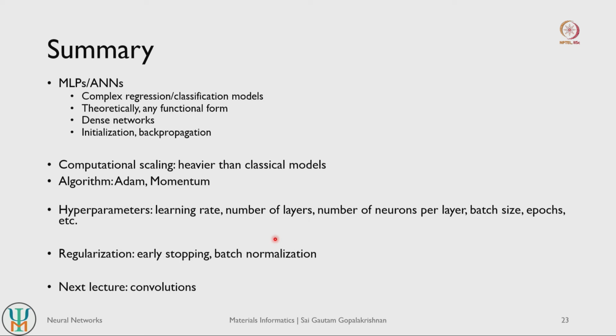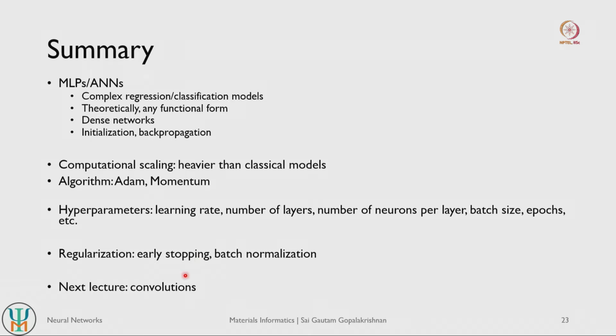We also looked at examples from Keras and PyTorch on constructing artificial neural network models using Python, right. Keras is a much simpler tool, PyTorch is a little more complicated, but PyTorch is very useful to know because many of the materials codes are written in PyTorch, and it's a very versatile tool to use as well.